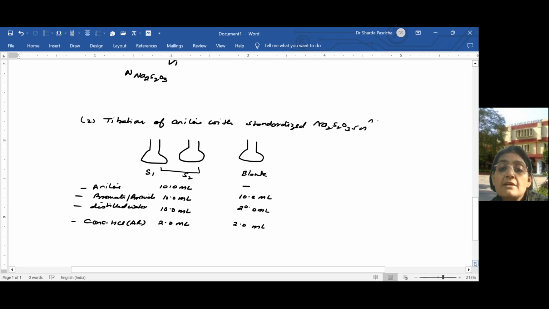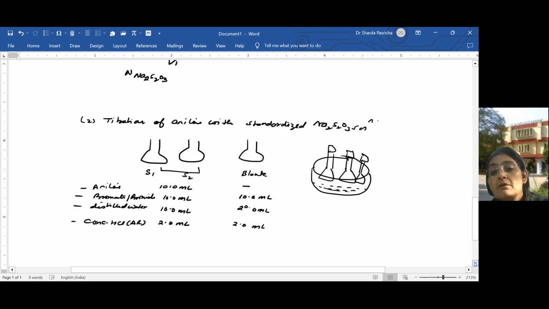Keep all the 3 flasks in a water trough filled with water, so that all of them are maintained at the same temperature. Once they have been stoppered, keep shaking them from time to time. Allow them to stand here for about 30 minutes.